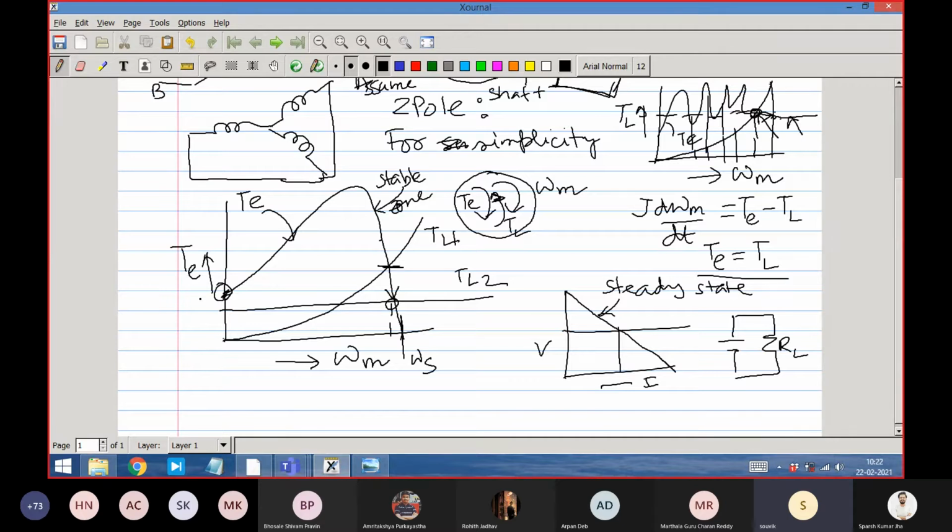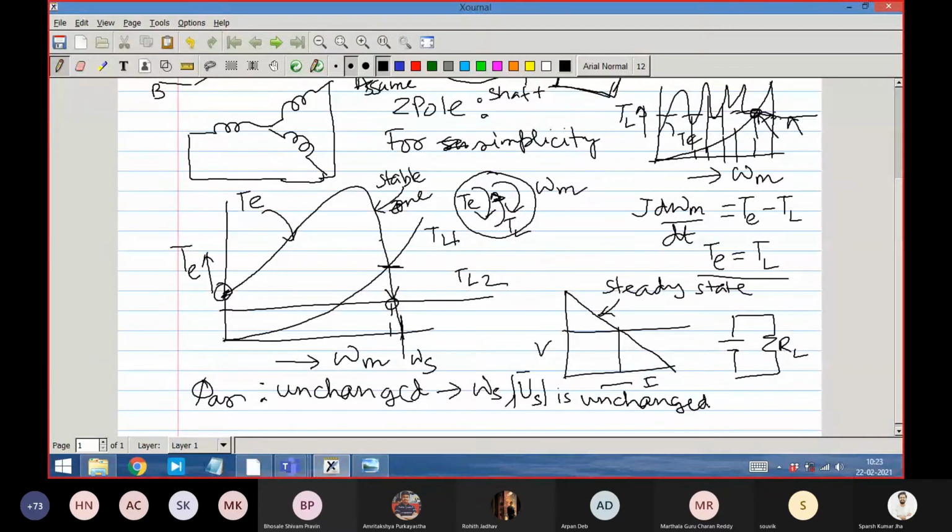So a rotating magnetic field has been produced, and listen to me carefully: the magnitude of this resultant rotating magnetic field, what we defined in the earlier equations as phi AR, is unchanged as long as the supply frequency is unchanged and the magnitude of the stator supply voltage VS is unchanged.